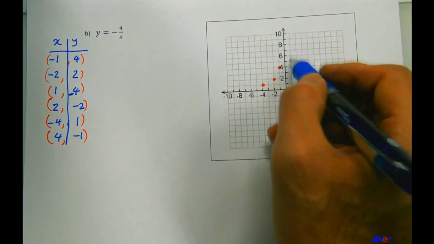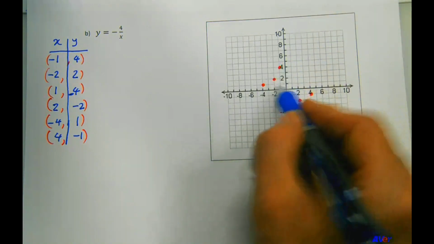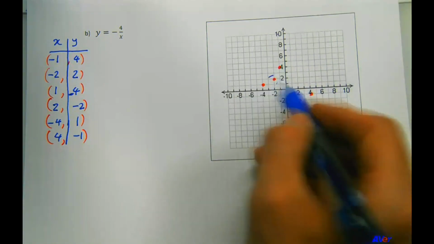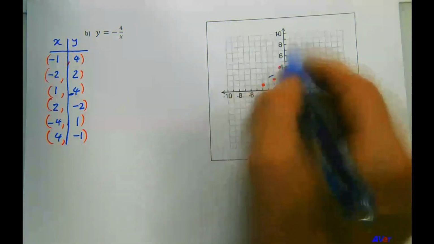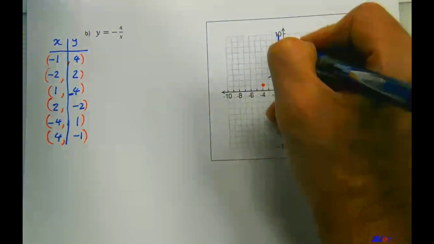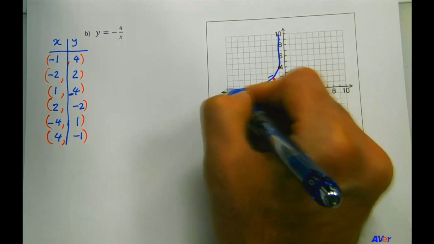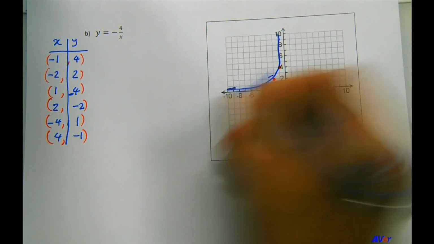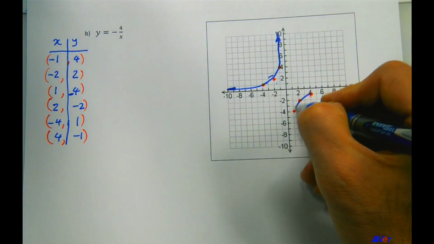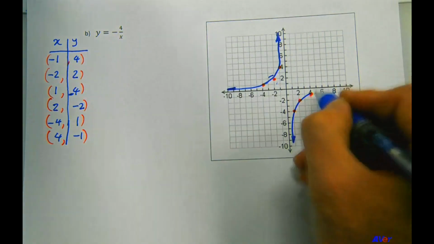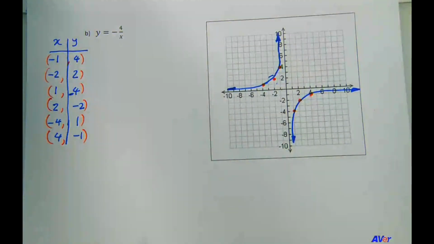And as we go this way, again, as we approach x value 0, or even y value 0, the graph exhibits asymptotic behavior. So the graph ultimately is going to look something like this. Like this, and then it's going to curve like that and behave asymptotically towards the x and y axis, and also the same behavior on this side. Okay, like that. So that's manually, we've done that.